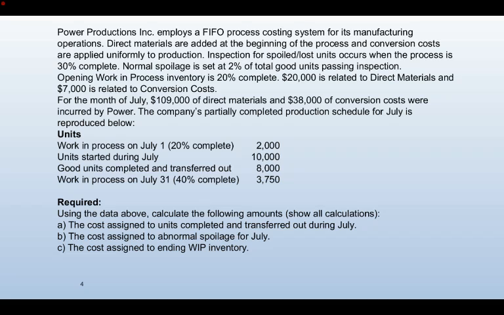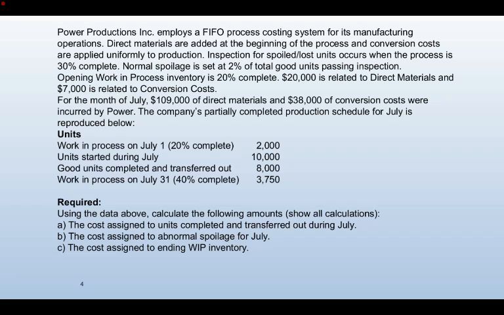Because if you're inspected and it looks like, oh, this is a piece of crap, you're going to throw it in the trash now. You're not going to keep working on it. So it means that all of the ending work in process must be good. Exactly.